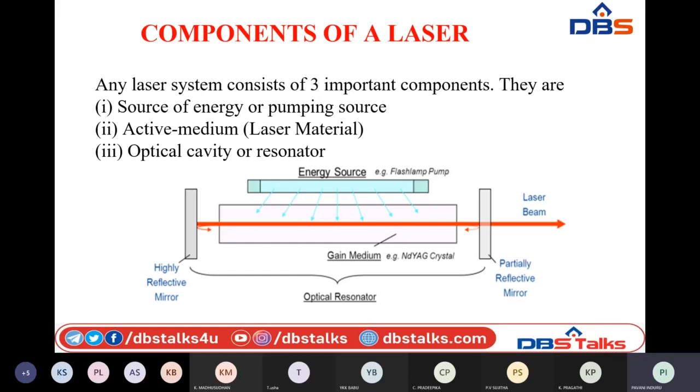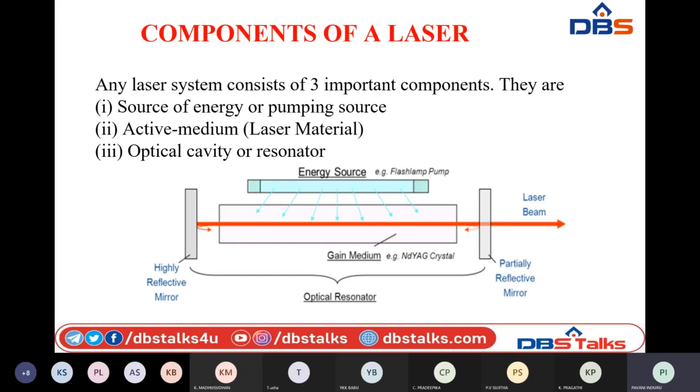Those photons traveling in different directions, once they strike the highly reflective surface of the mirror, reflect back and travel in the direction of the partially reflective mirror. The partially reflective mirror allows only a fraction of light to come out of it, which is our required laser beam. In this way we are able to generate a highly directional laser beam with the help of the optical cavity resonator.